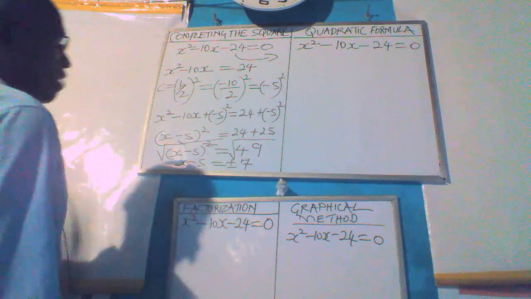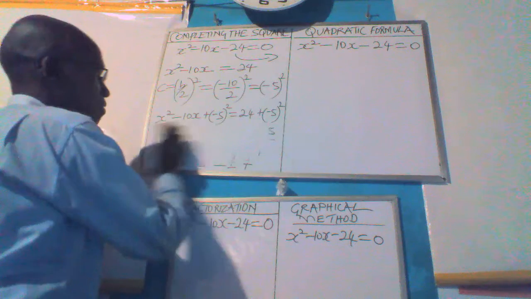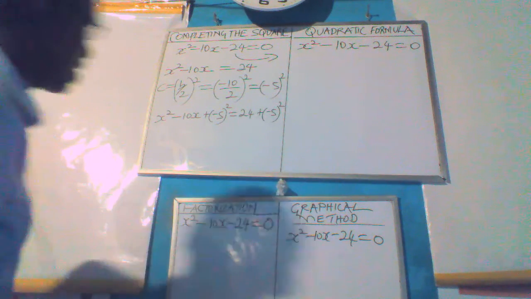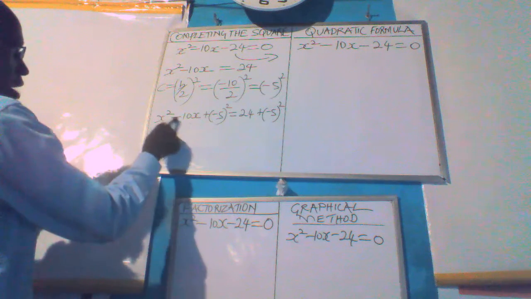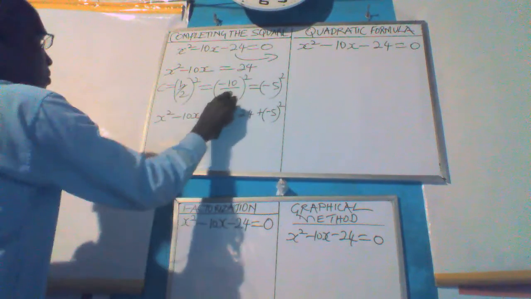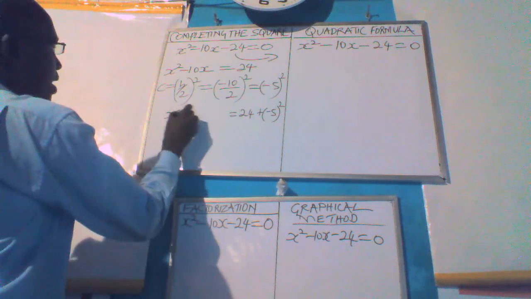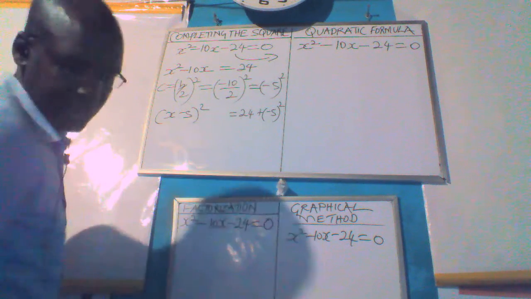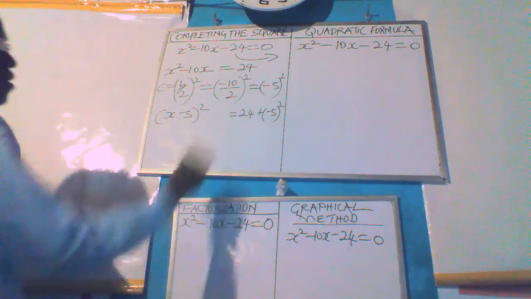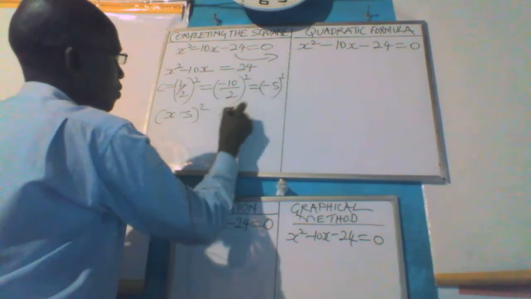At this point, if you allow me, we can reduce this expression to what we had here. Instead of writing x squared minus 10x plus or minus that, we make it one expression, which is in the form of (x minus 5) bracket squared. On the right hand side, again as one expression, minus 5 squared is 25, 25 plus 24 is 49, so this is equivalent to 49.